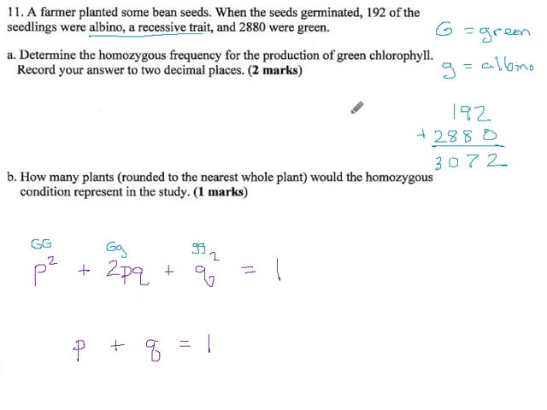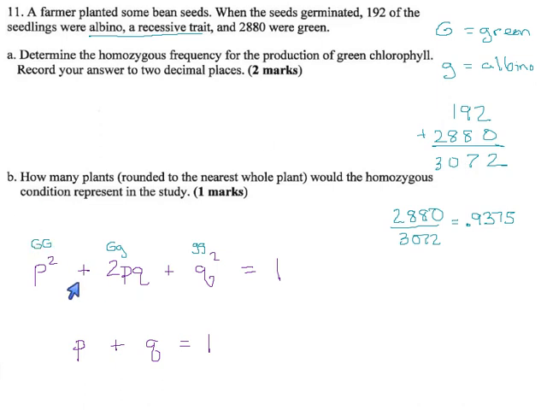So that means the greens represented 2,880 out of 3,072, which, if you divide it out, goes out to 0.9375. 0.9375 is the frequency of the dominant.